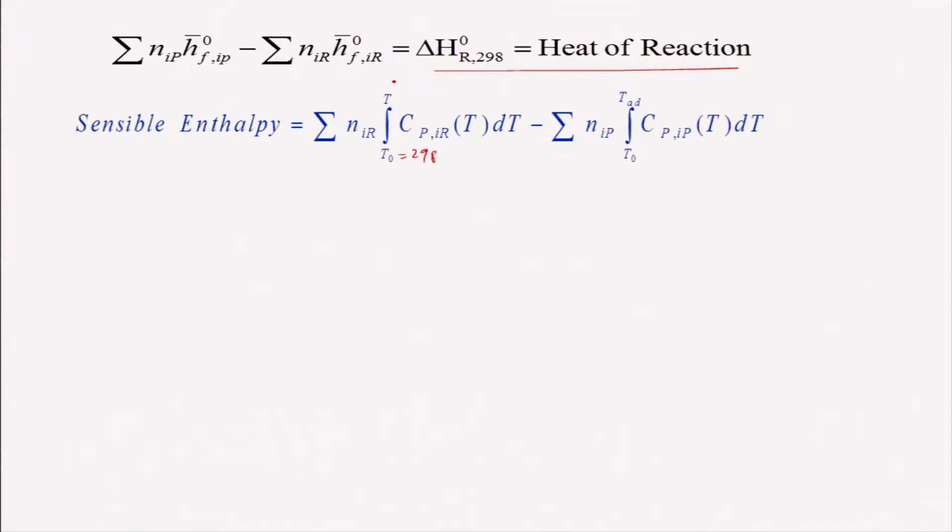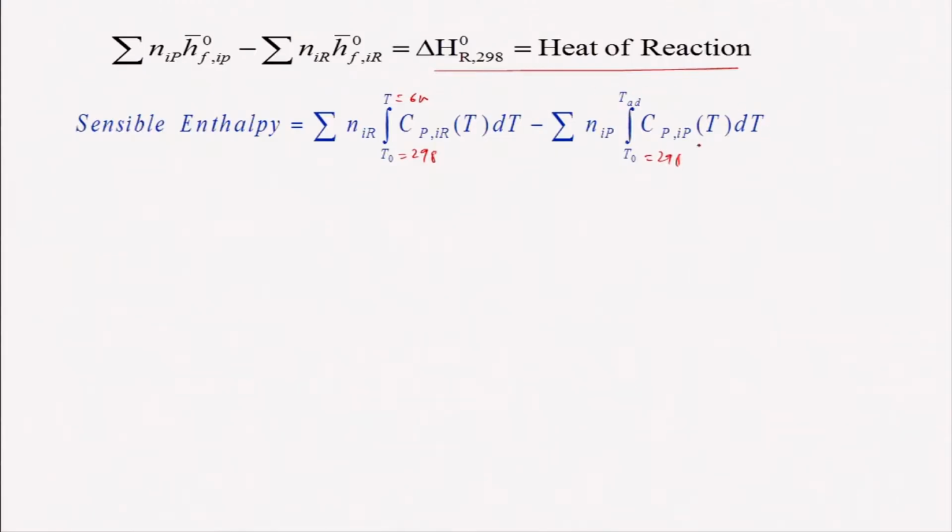T can be anything, let us say 600 Kelvin, if the inlet condition is 600. Otherwise this will be your 298 Kelvin also. Whereas for the product, this is 298 Kelvin and this is the adiabatic temperature.